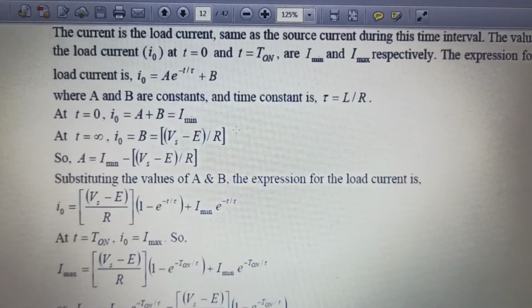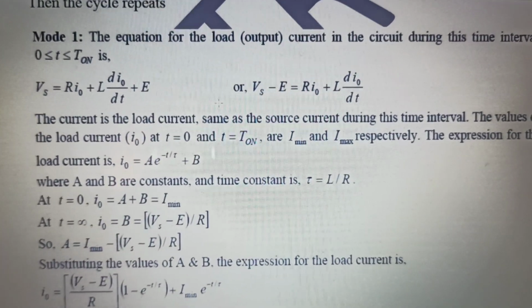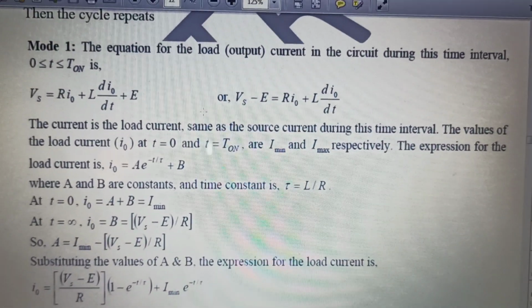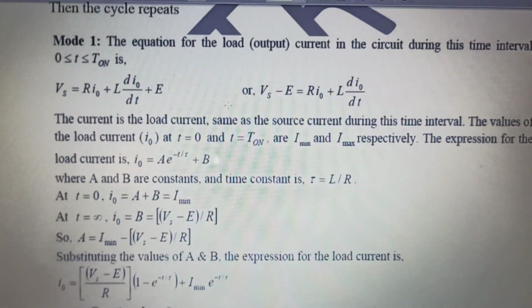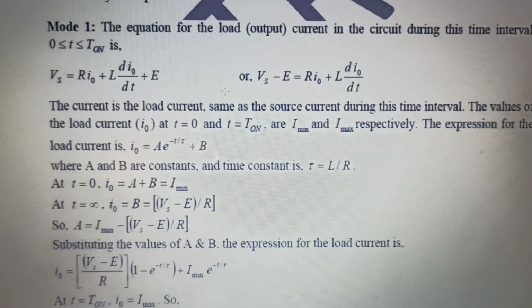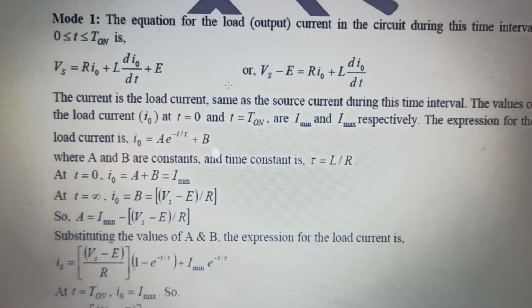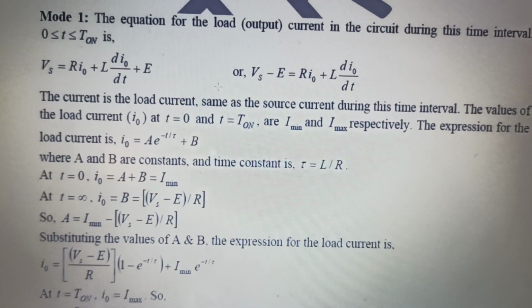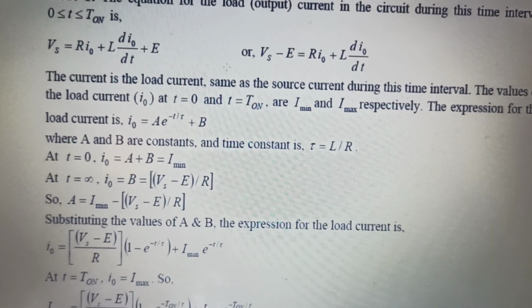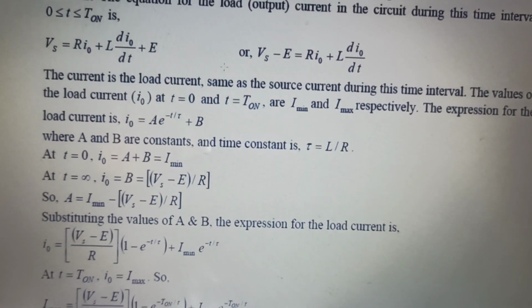Here, at time t equals 0, it is a plus b, because if you substitute that value, we get the constant value. And this is nothing but I minimum. From the steady state analysis, we can conclude that at time t equals 0, the current will be at its minimum peak, so that will come out to be I minimum.